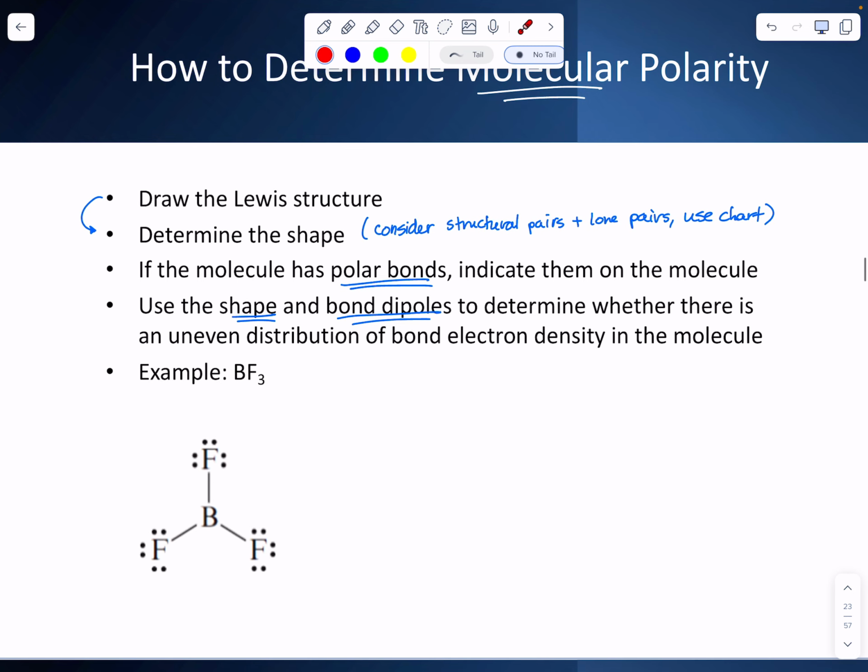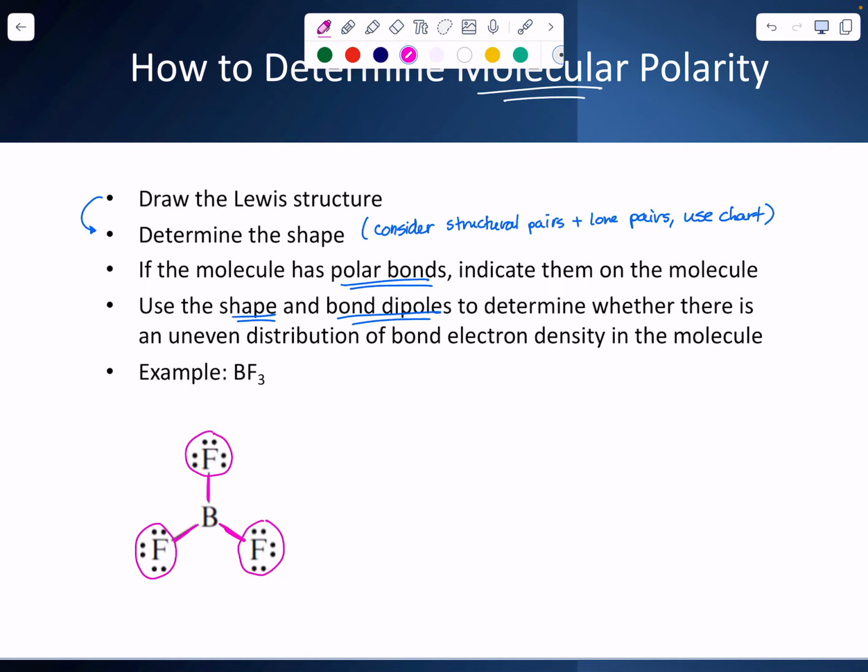All right. So we have to consider shape in our considerations. So here we have a molecule BF3. So we've got three things attached to it, and we've got fluorines at each end of the bond.